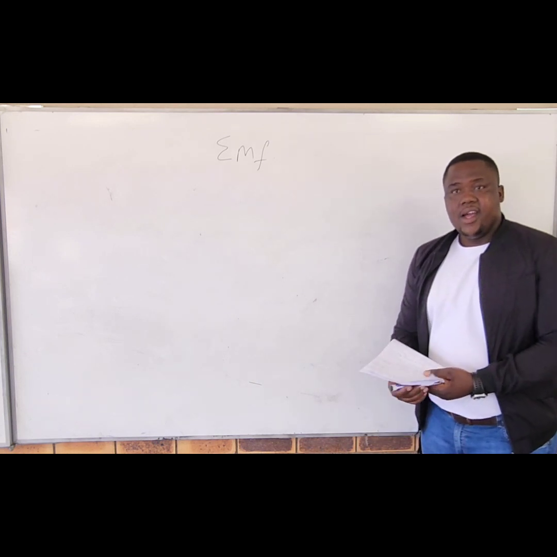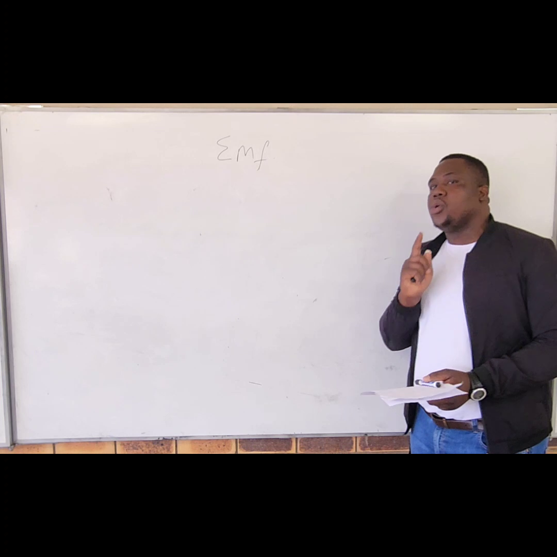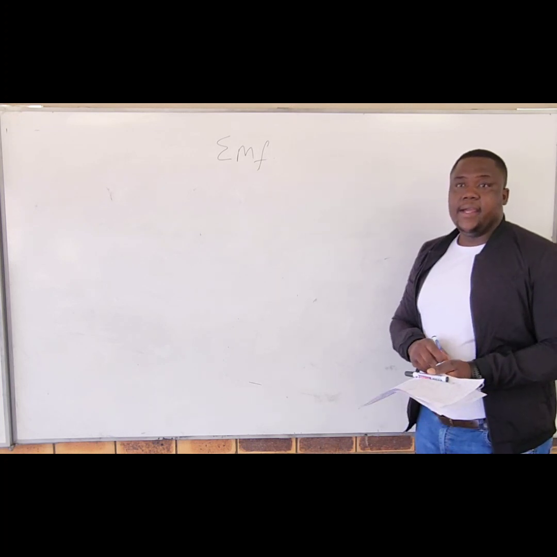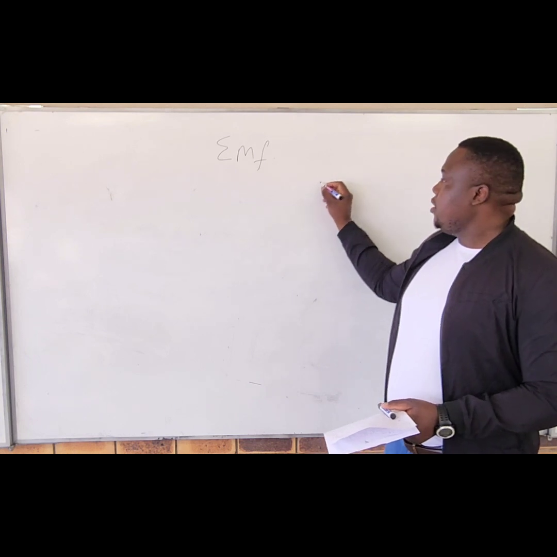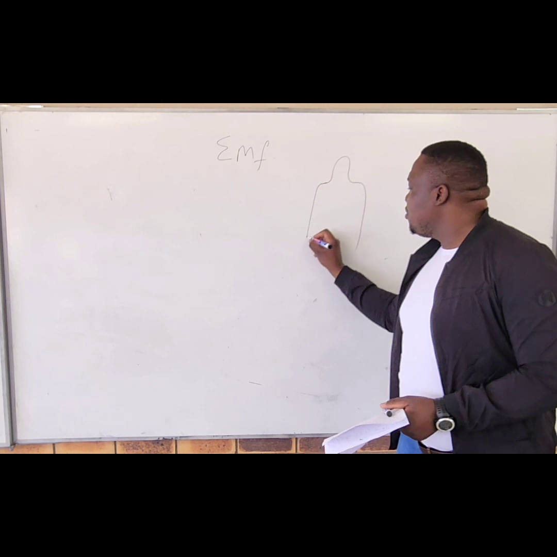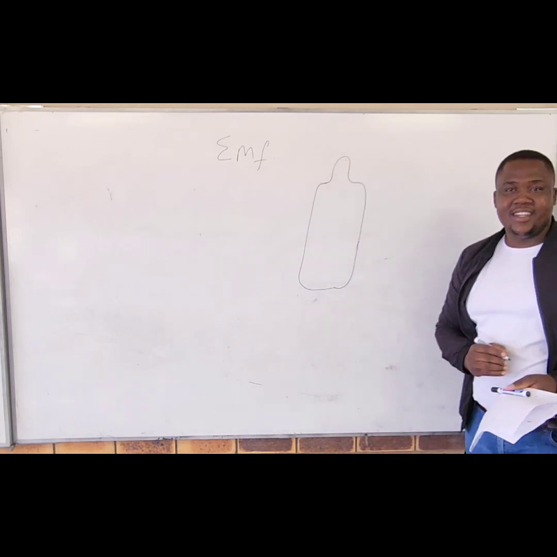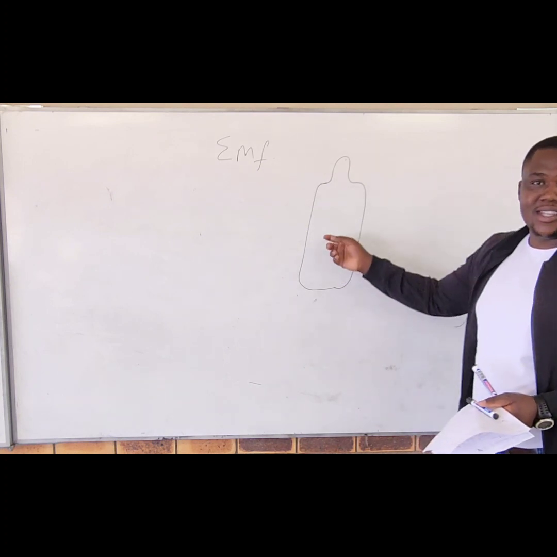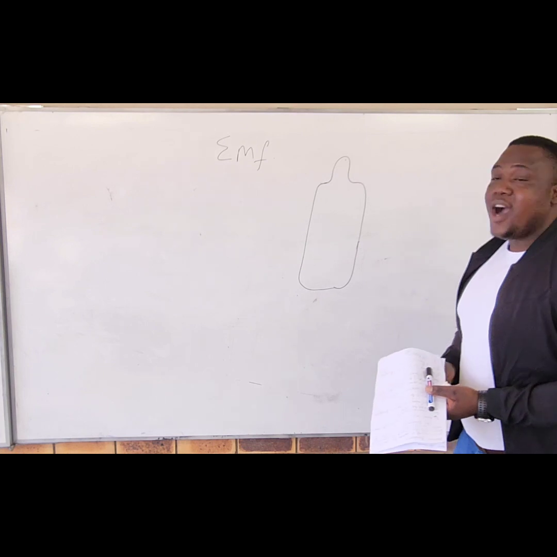Okay, I've told you that we're talking about EMF. It is all because of the internal resistance. Let's say we have a battery, and this is the nipple of a cell.